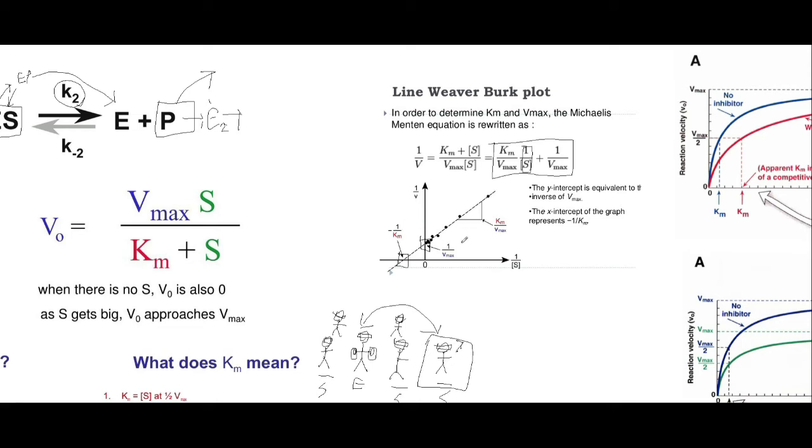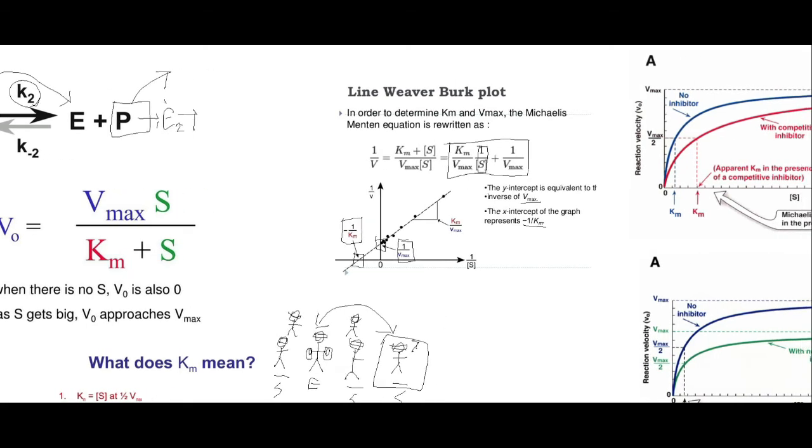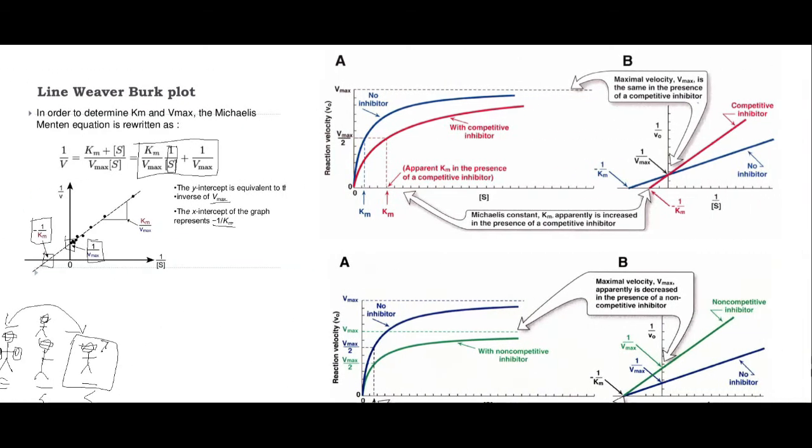So if you want to get your Vmax, you just divide 1 by this, and if you want your Km, just divide negative 1 by this, and that gives you your Vmax and Km.